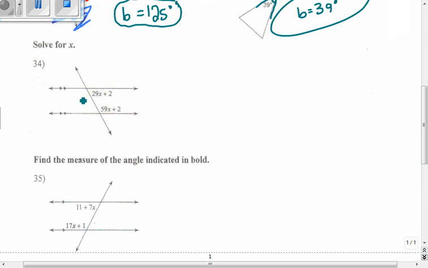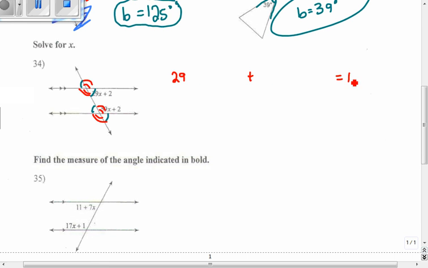Okay, let's set up our marks. Do these two angles that have information about them, are they the same mark or different marks? They're different. So we just talked about this. We have to add them up and set that equal to what? 180.